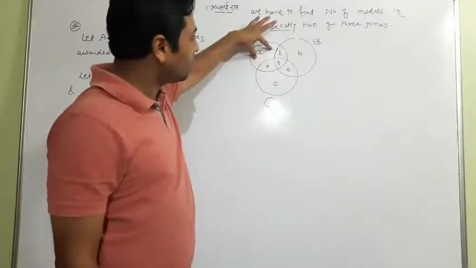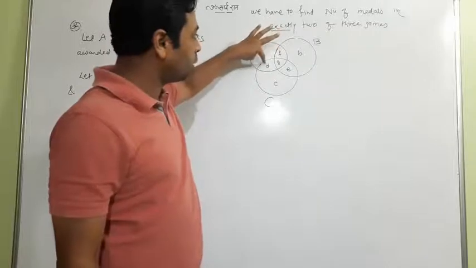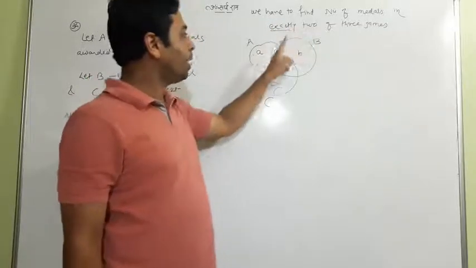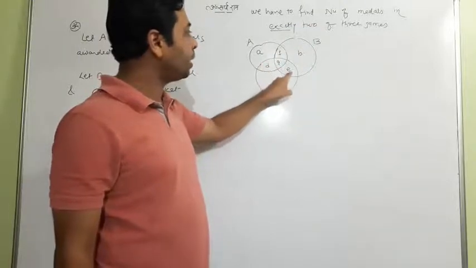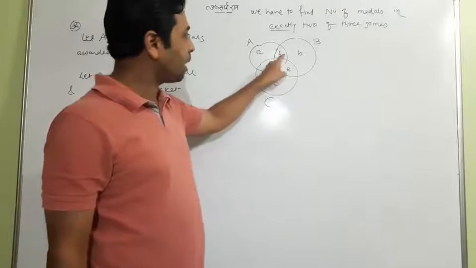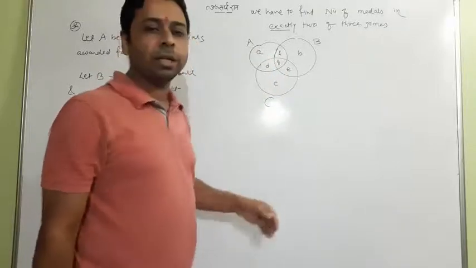If we talk about exactly 2, we have to count D plus E plus F, except G. D plus E plus F except G. So how can we find this solution?